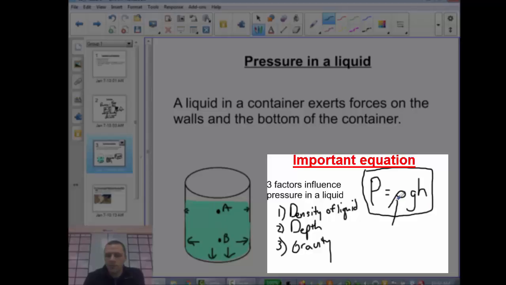So let me just label these. This is density right here, and the depth is the h value, and gravity will be represented by the g value. And that's a way that we can calculate pressure within a liquid.